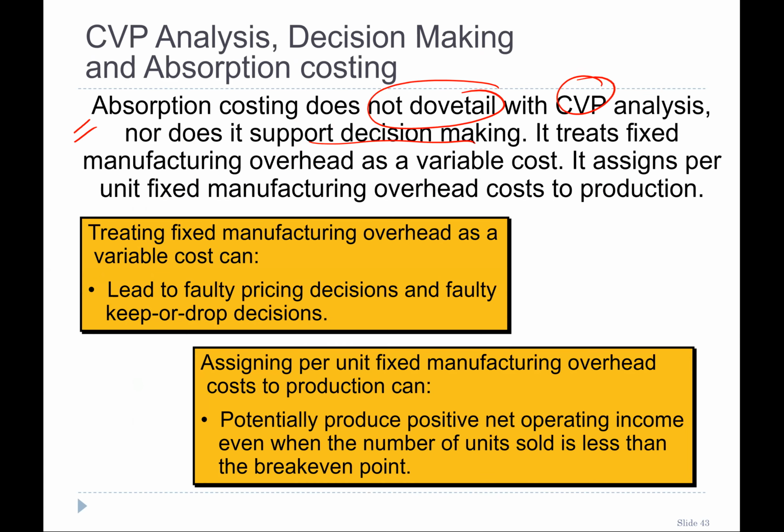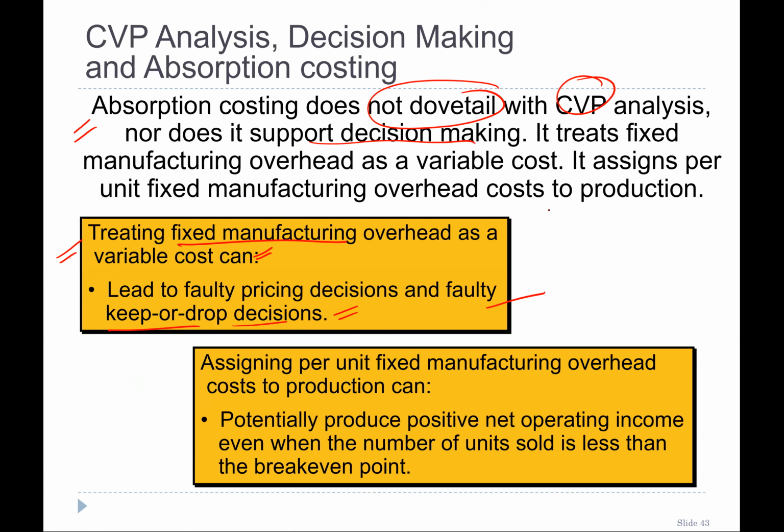So it will give us faulty decisions. Treating fixed manufacturing overhead cost as variable can lead to faulty decisions regarding keep or drop decisions, whether we should make these parts on our own or outsource. This kind of decision can lead us to a faulty decision.